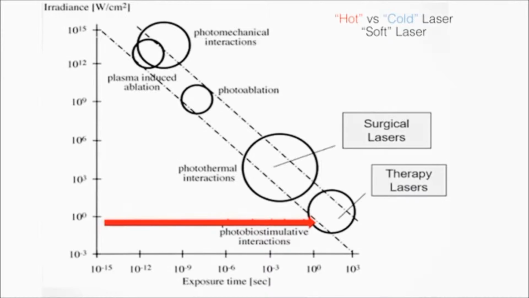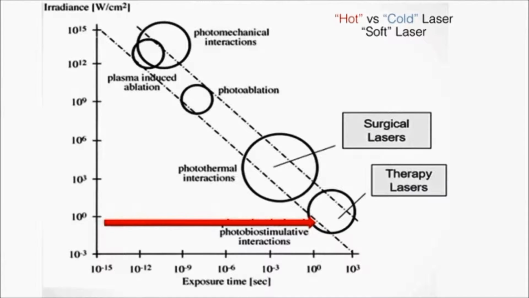And I have a slide here which might illustrate that a little bit better. If I show you this slide here, what it's trying to illustrate, and your audience can see that, is on the x-axis it's about time exposure, and on the y-axis you've got the irradiance, the amount of power per centimetre squared.